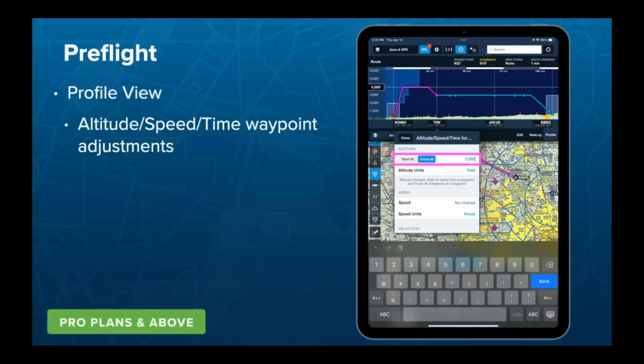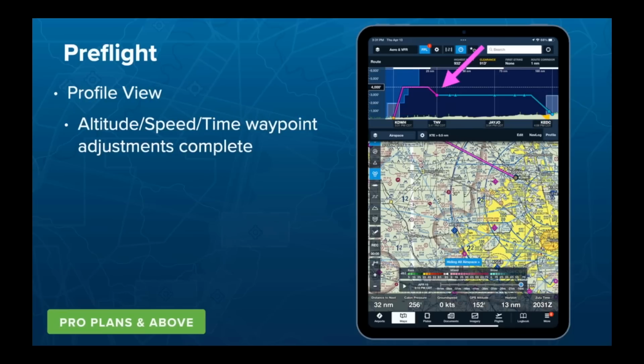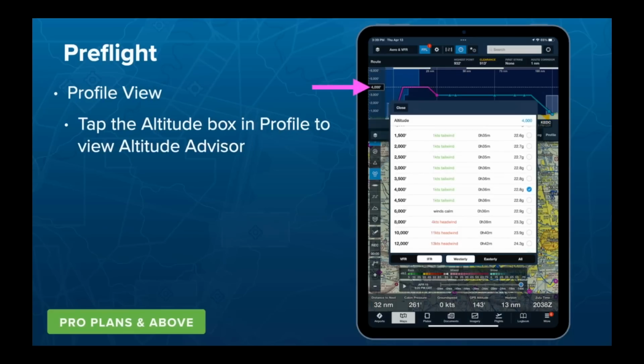One other feature that's presented in that profile view is the ability to change and set your default altitude. So if you were to tap the altitude, say 4,000 there on the left, it brings up the altitude advisor, which shows you all of the winds aloft, your estimated time en route, and fuel burn for that.